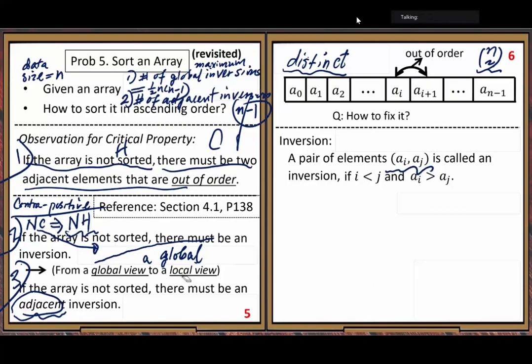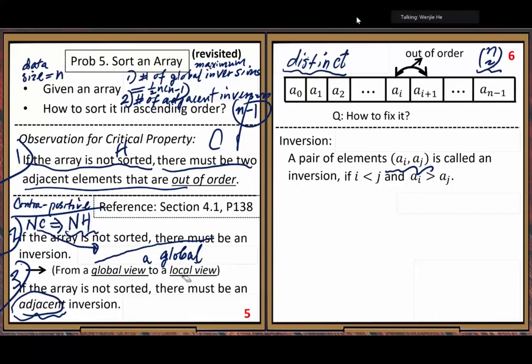Now, next question. How to fix an adjacent inversion? Suppose you detect one adjacent inversion, but how to remove it? You need to solve this technical problem, then you're almost there.